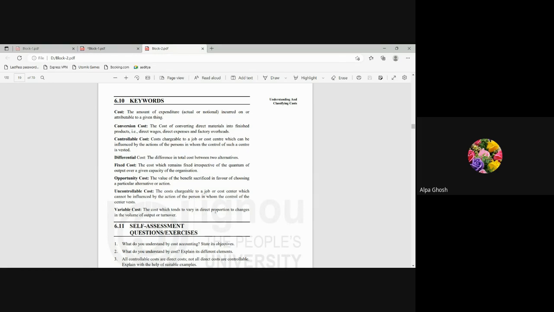These are the basic terms which are used in determination of cost per unit. You go through these keywords, just read them.